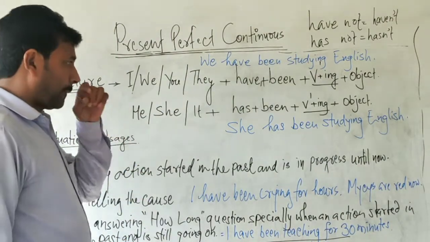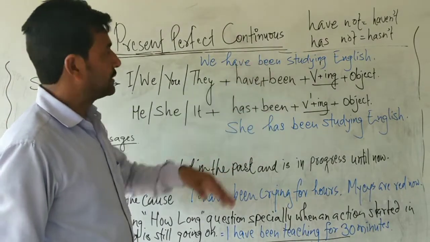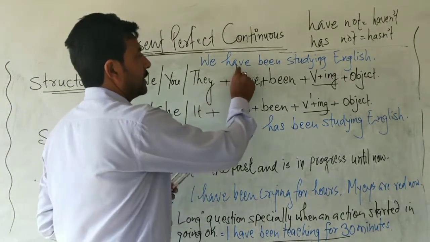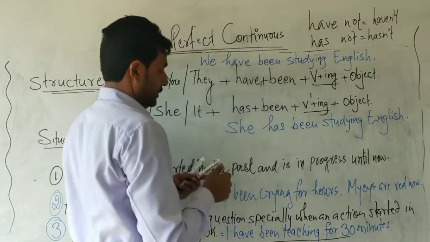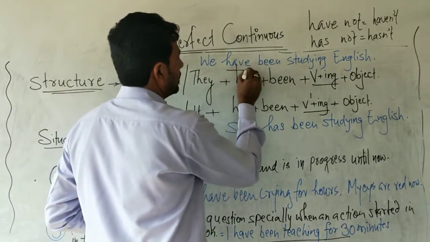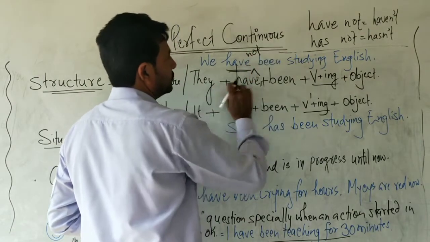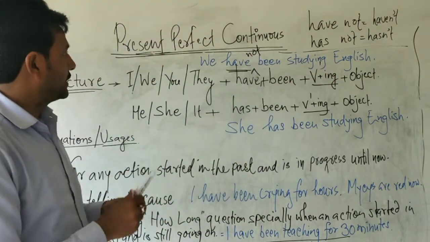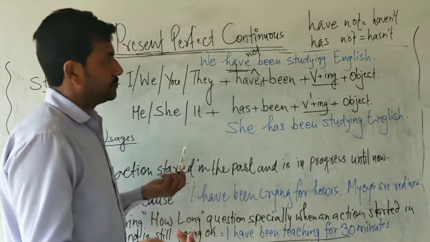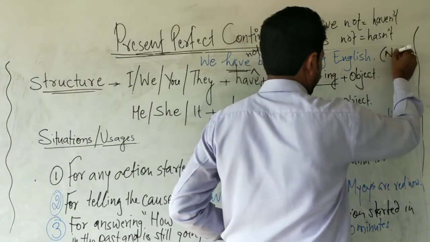As usual, if we see any helping verb in the sentence, just put not between the helping verb and the next verb. So you can make negative here. There is have, just put here not, and this will become negative sentence. We have not been studying English. Negative. Okay. So this will become negative.